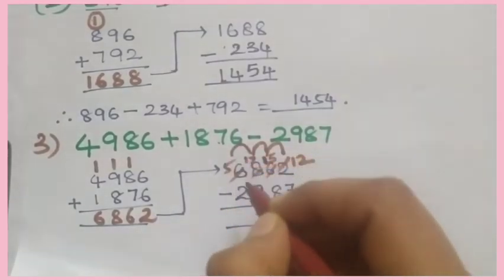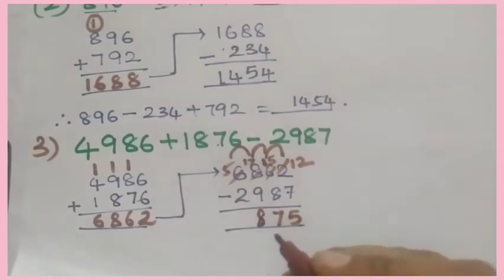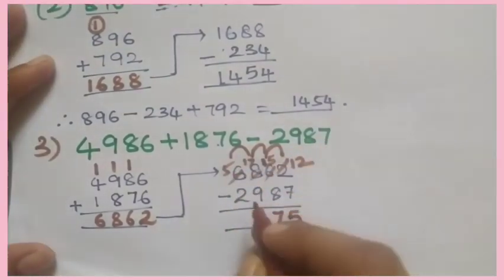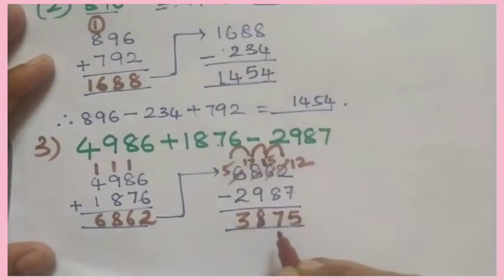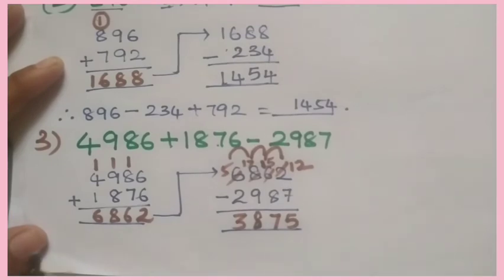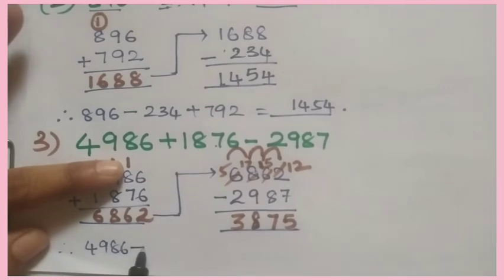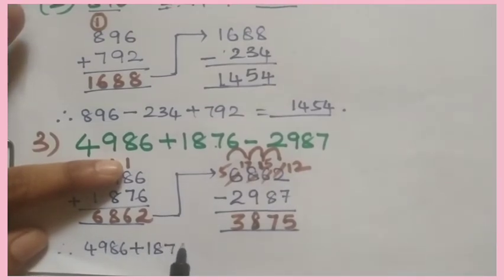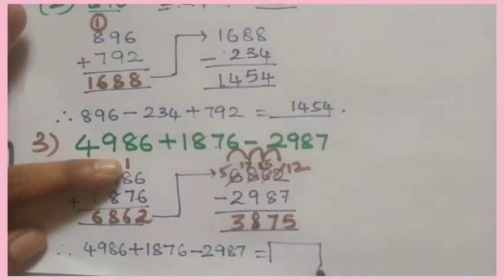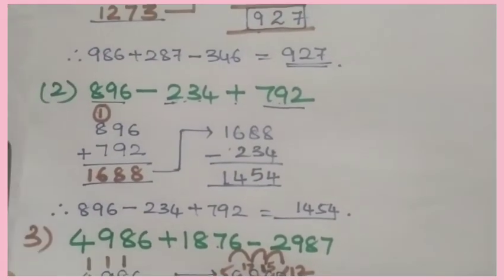This is 5. 17 minus 9 is 8. Now 5 minus 2, 3. Therefore we got 3875. Therefore this question 4986 plus 1876 minus 2987 equal to what answer we got? 3875. This is answer. Okay, like this you have to do.